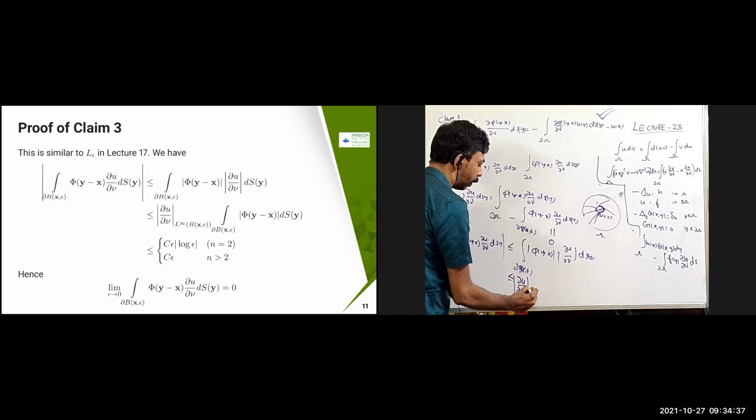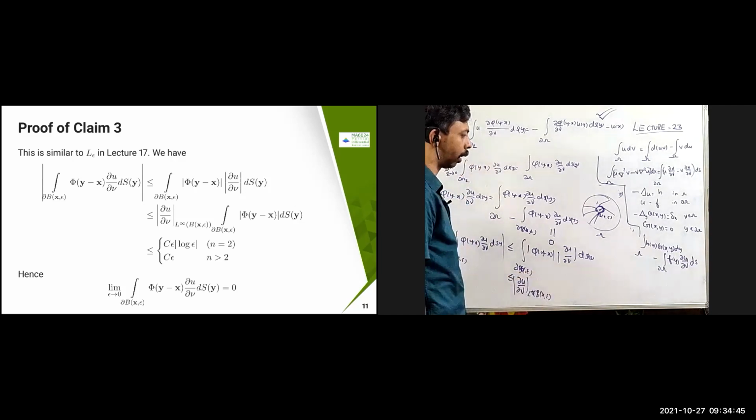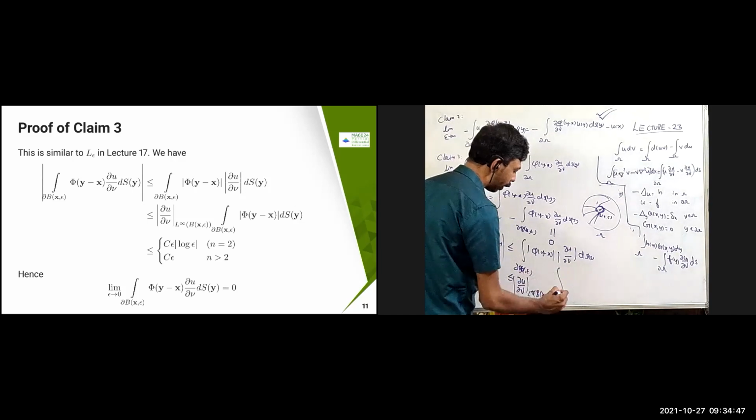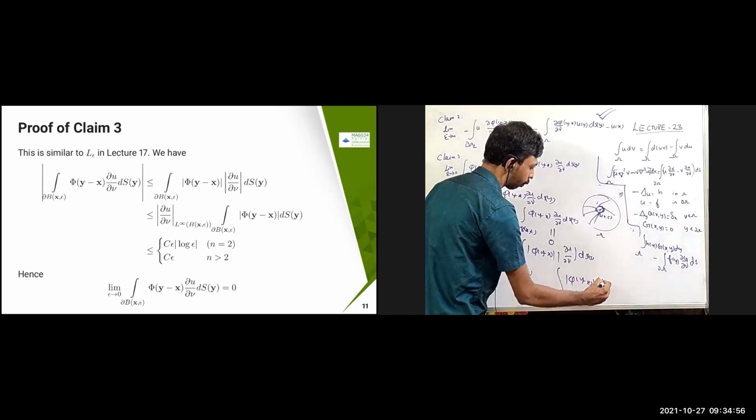So L infinity is going to come. The L infinity norm of ∂u/∂ν on B(x, epsilon) is the maximum, so it is always less than or equal to, and the remaining thing stays as it is: the integral over ∂B(x, epsilon) of Φ(y minus x) dS.